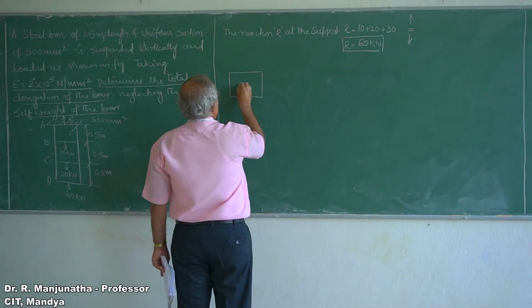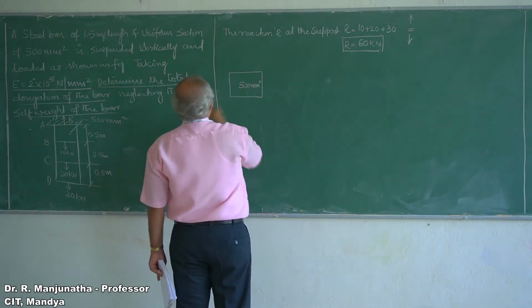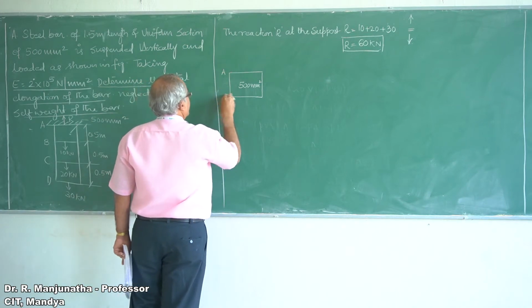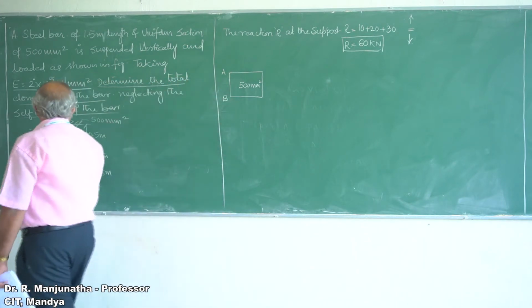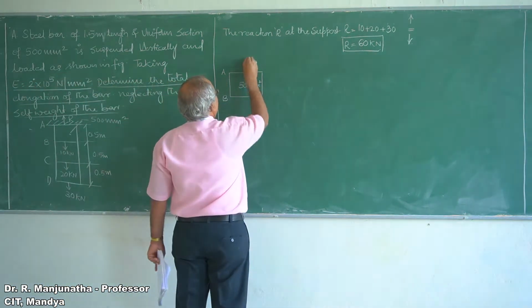So this is of 500 mm square, that is the area, wherein the load which is AB here, A and B, the support reaction R is acting upwards, which is R equal to 60 kilonewton.